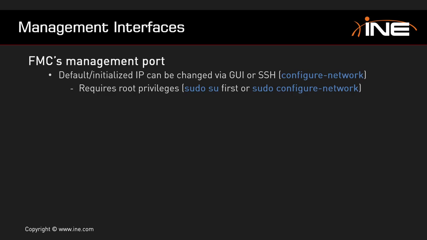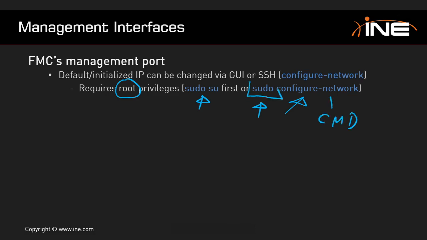So this is why you will have to either say that you want to access the root account, or the other option is going to be to say sudo and specify the actual command you want to run as root.